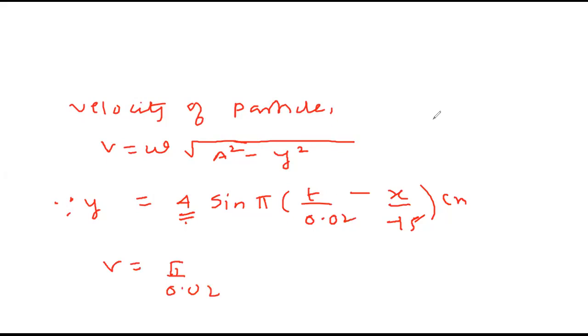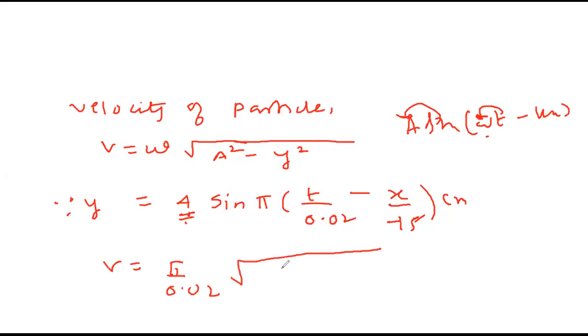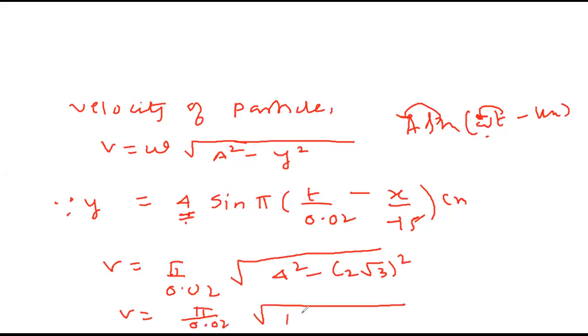Because our equation formula is a sine of omega t minus kx. So the coefficient of t is always called omega, and the coefficient of sine is called a. So a is 4. Y I am writing as 2 root 3, easy to calculate. So V becomes pi upon 0.02 into root of 16 minus 12, where 2 root 3 squared is 12.